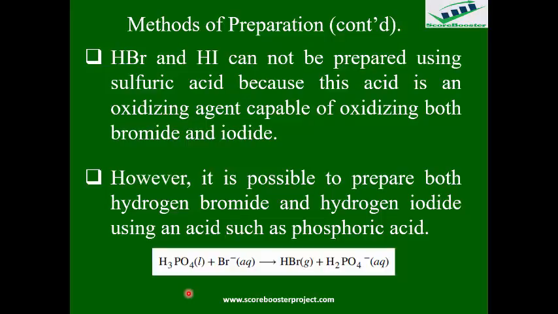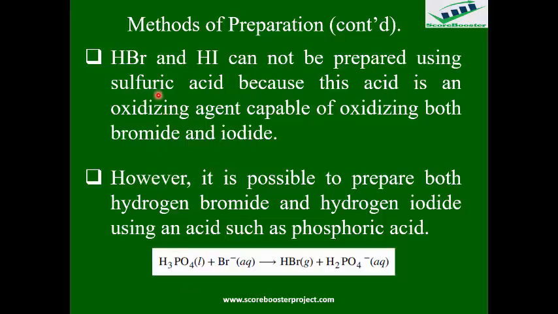The problem with this is that hydrogen bromide and hydrogen iodide cannot be prepared with this sulfuric acid. This is simply because H2SO4 is a very good oxidizing agent.